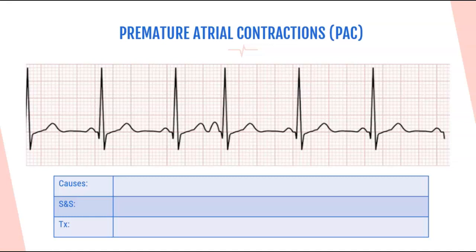The treatment is to treat the cause, such as eliminating the causative factors: amphetamines, nicotine, caffeine, alcohol. If this doesn't help, anti-dysrhythmic medications can be used. If PACs occur frequently, they can lead to a more serious atrial dysrhythmia. It's important to teach the patient to manage stress and substances to avoid, like caffeine and alcohol.